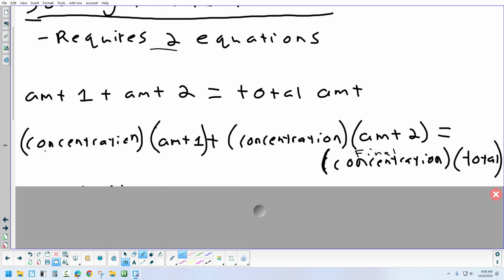So this would be the concentration of solution 1 times how much of solution 1. Concentration of solution 2 times how much you use of solution 2. And then the final concentration times the final amount.